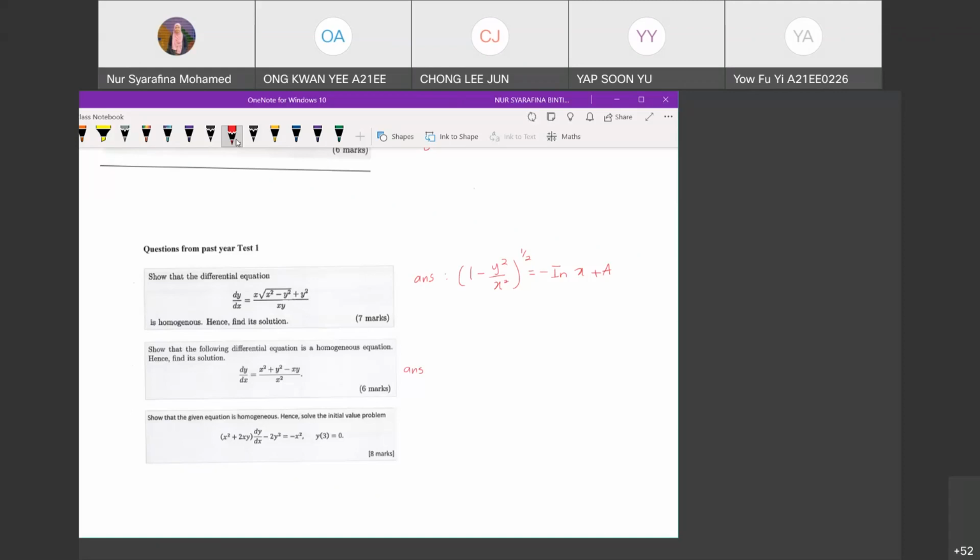This one you just can show, okay? Show first, how can you show? Okay, there is no answer for this. It is just a proving process, so you just need to show here.